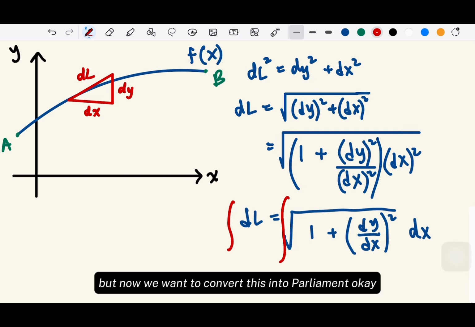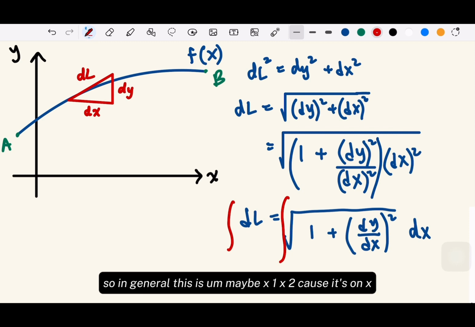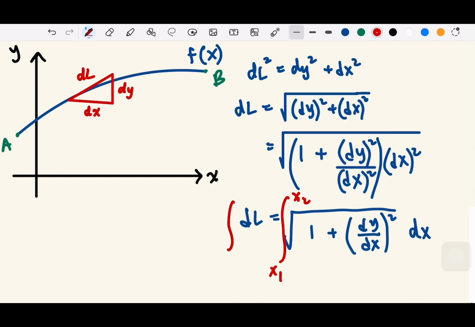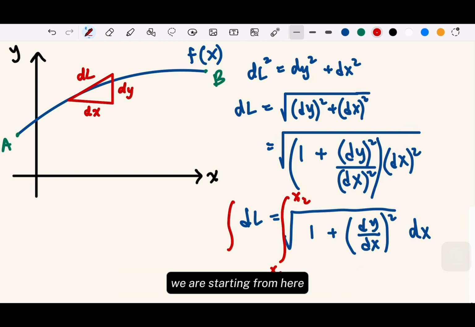But now we want to convert this into parametric, okay? So in general, this is maybe x1, x2, because it's on x. Now for the parametric, the idea is still the same. We are starting from here.